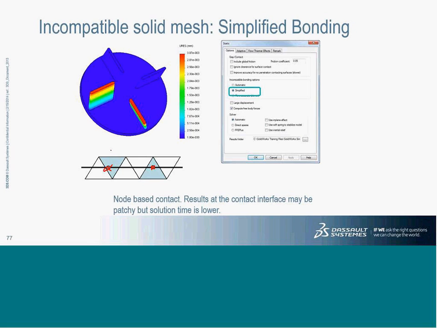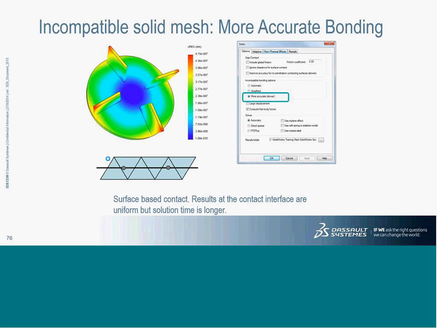However, now with the more accurate bonding connection, it will ensure that all the nodes and elements of the smaller body are connected to the big body appropriately. Definitely, that's a big difference.